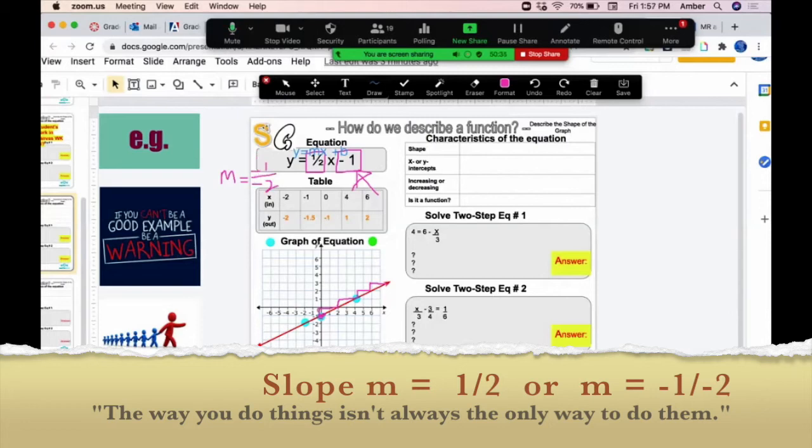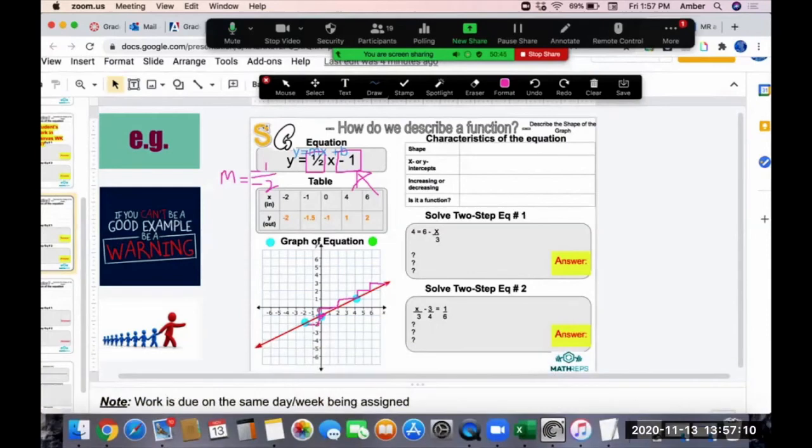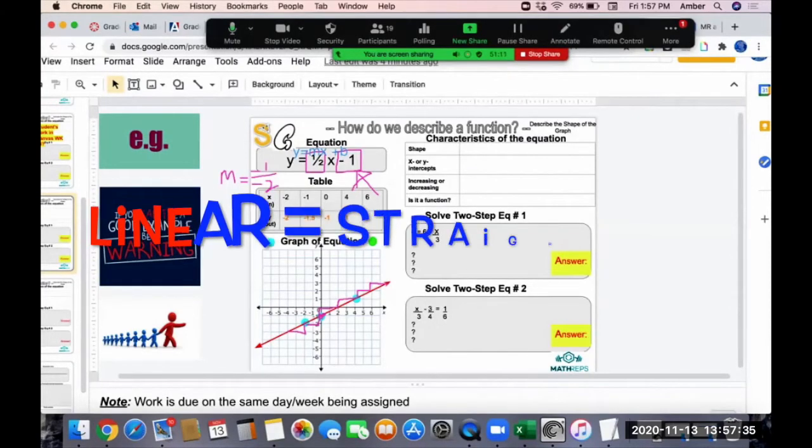So when you have negative 1 over negative 2, instead of going up, I'm going to go down. From this intercept here, I go down 1 and then to the left 2 because it's negative 2 run, right? So down 1 to the left 2, and you can see it's still going to be on the same line.